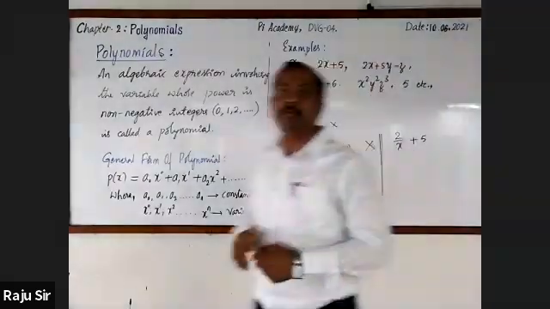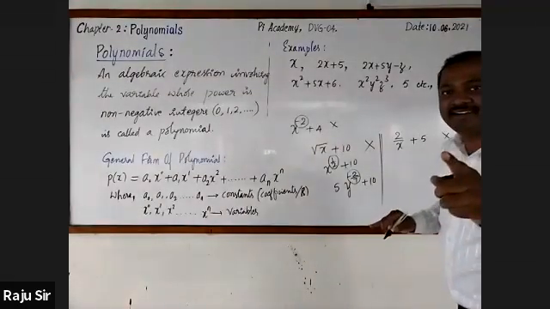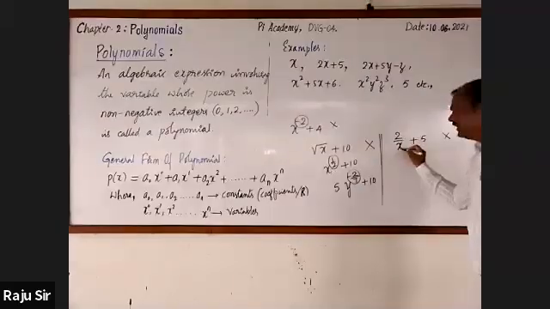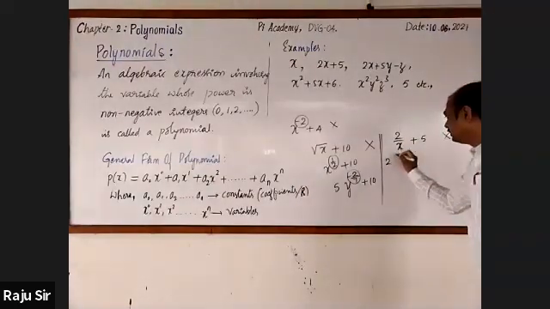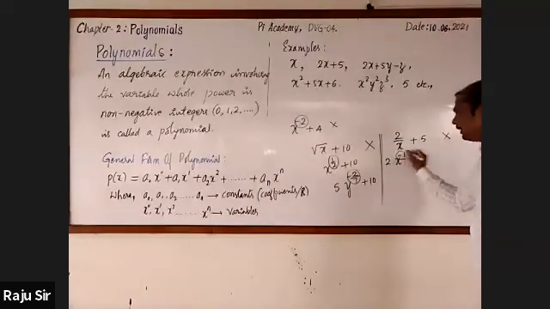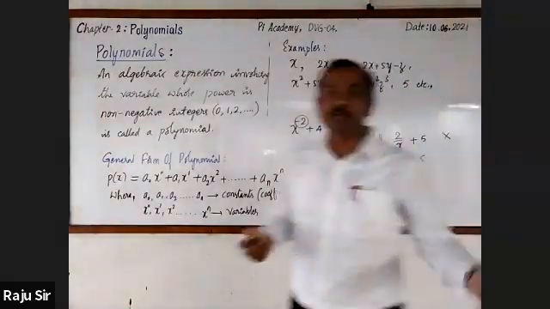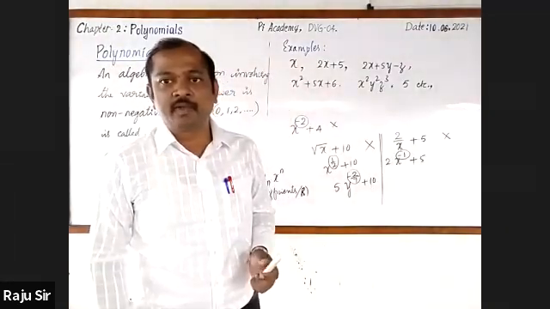Is it a polynomial? No, sir. It is also not a polynomial. It can be written as x to the power minus 1. The x in the denominator, when it is taken to the numerator, becomes 2 into x raised to the power minus 1. Then plus 5. Power is negative. Therefore, it is not a polynomial. Did you all understand? Okay.